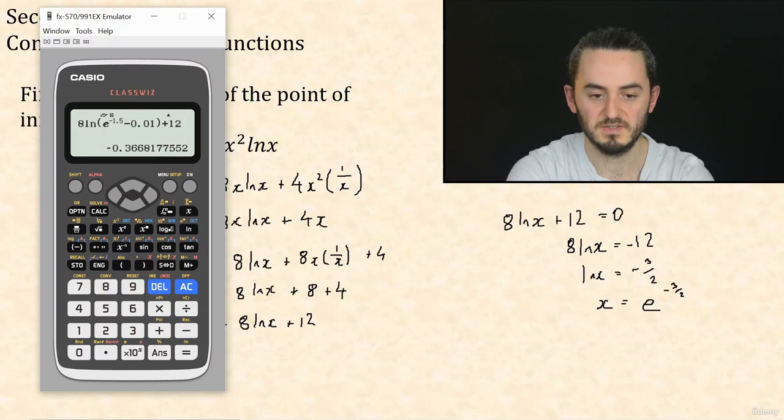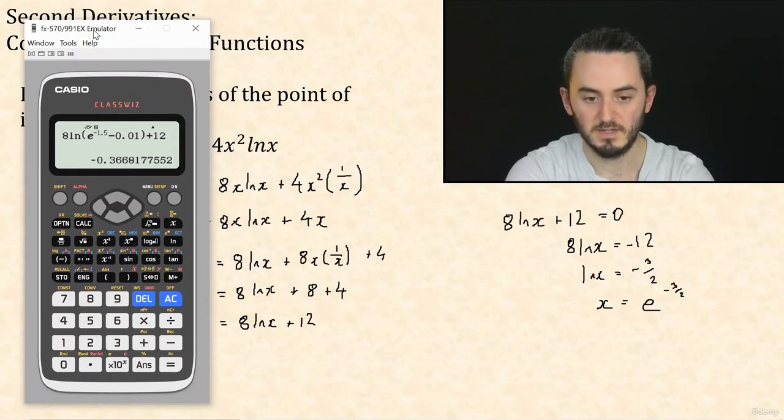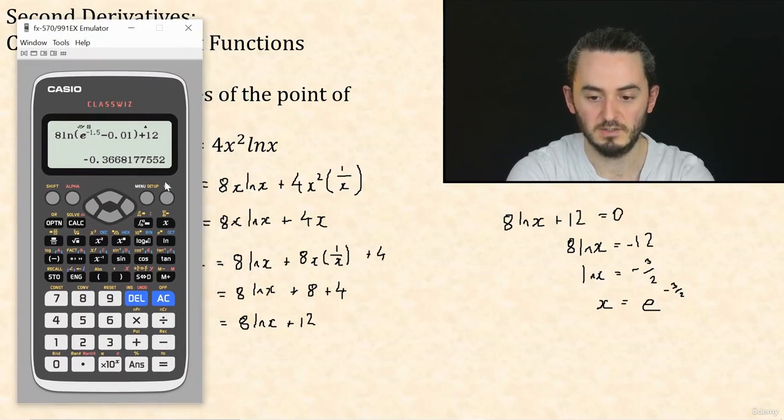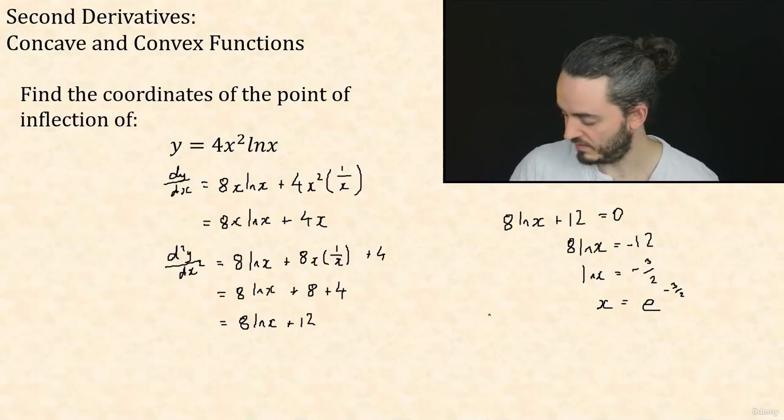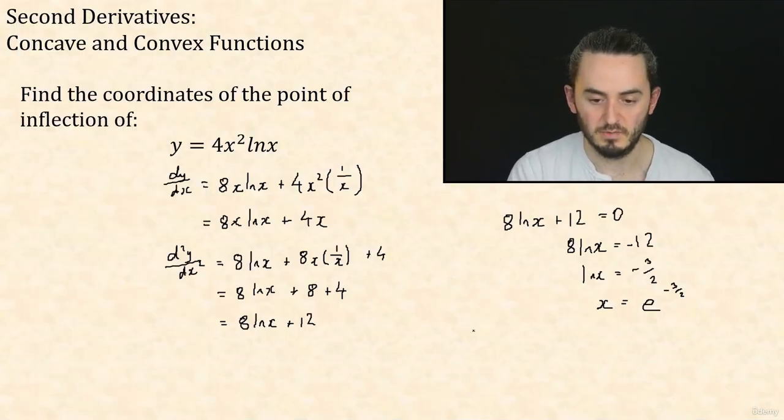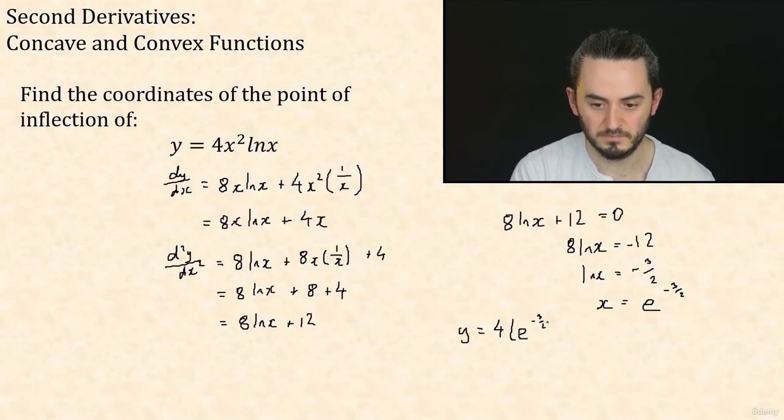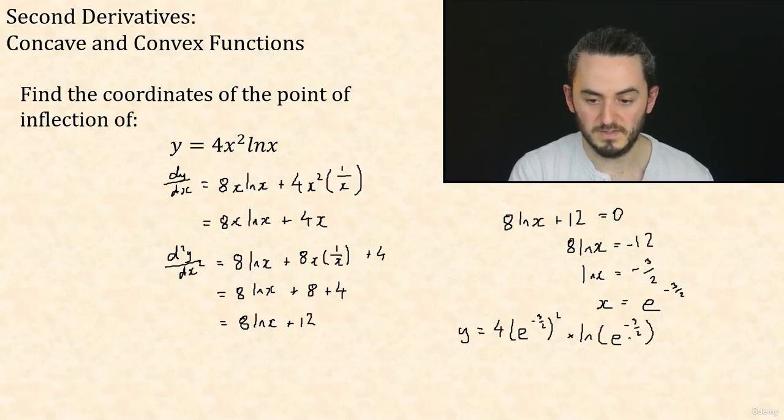All I need to do now is sub that x value into the original function, 4x squared ln x, in order to get my y value, because it's asking for the coordinates. So the y value is going to be 4 times my x value squared, multiplied by ln of my x value. Well, ln of e to the minus 3 over 2 is just minus 3 over 2, by definition.